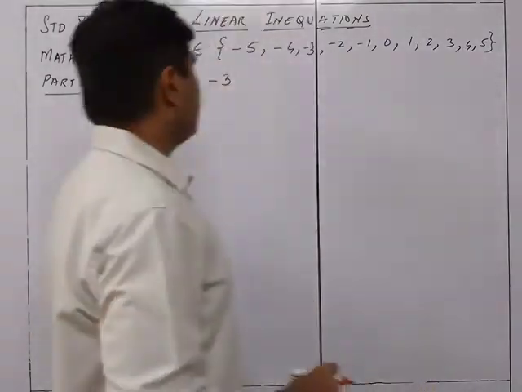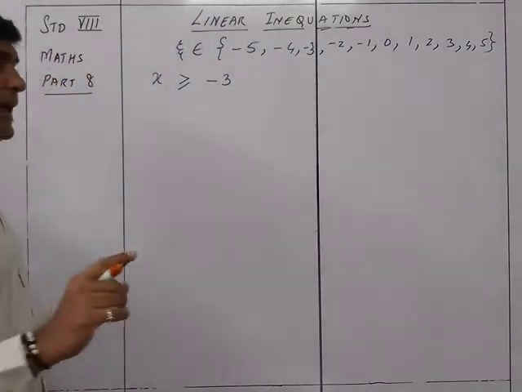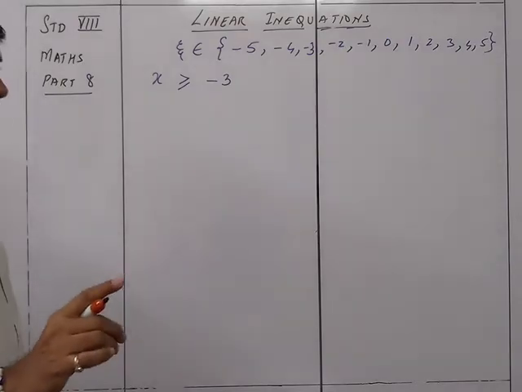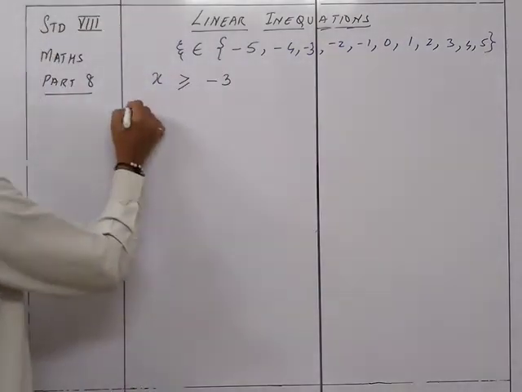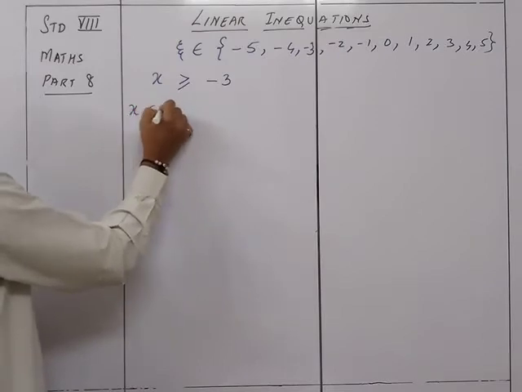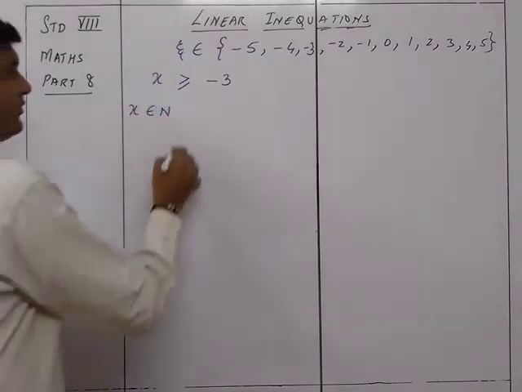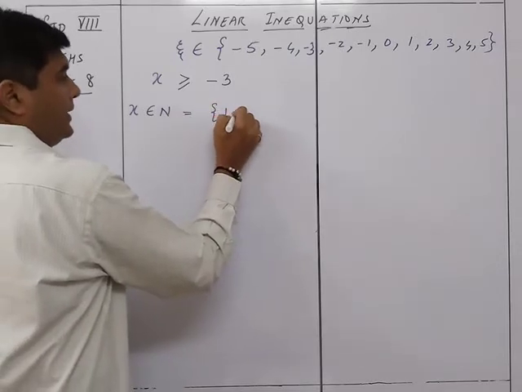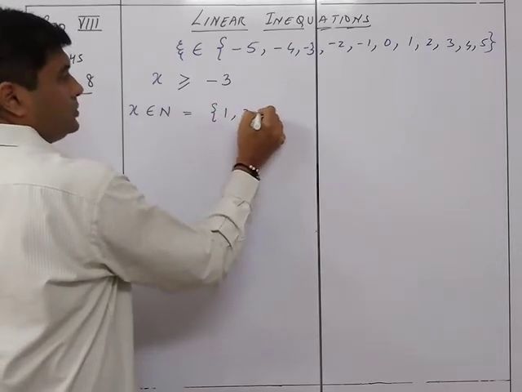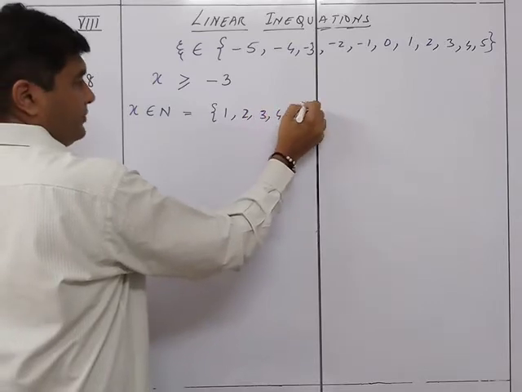Now if x is greater than or equal to -3, what will happen for the answers? If x belongs to the natural numbers, then of course the answer would be 1, 2, 3, 4 and 5.